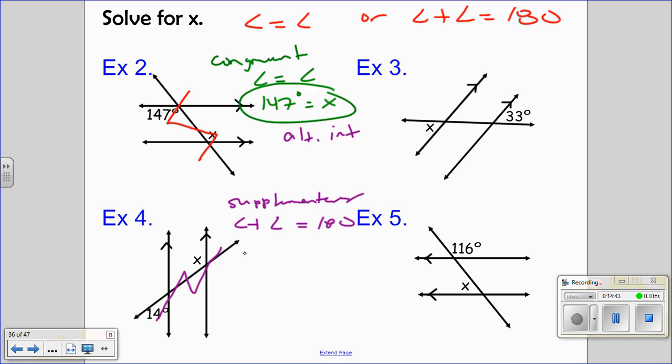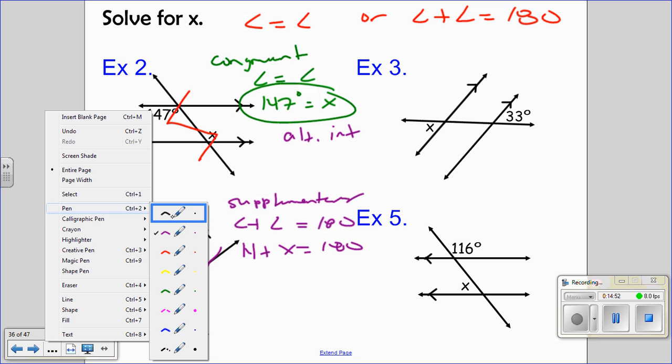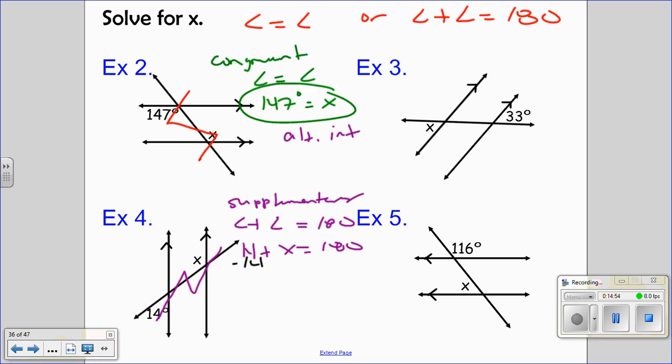So that means 14 plus x equals 180. To find x, subtract 14 from 180, so x would be 166.